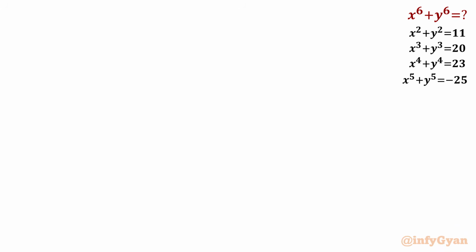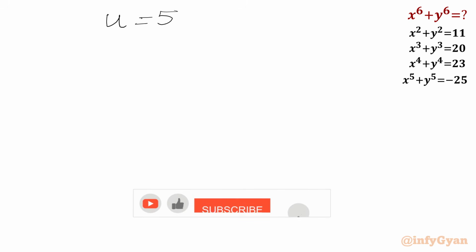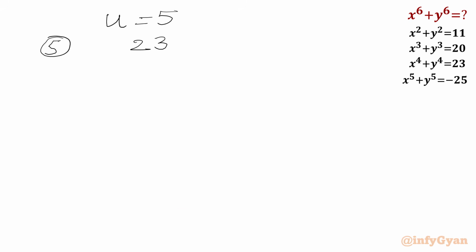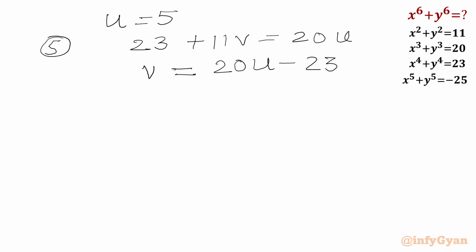Now we are going to use our equation number 5. Let me write here u equal to 5. Now we will write our fifth equation: 23 plus 11v equal to 20u. So from this equation we will write the value of v will be 20u minus 23 over 11.